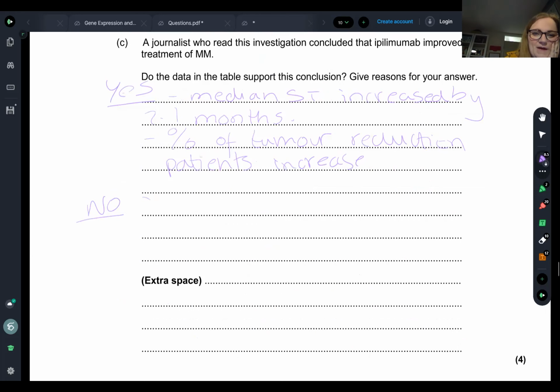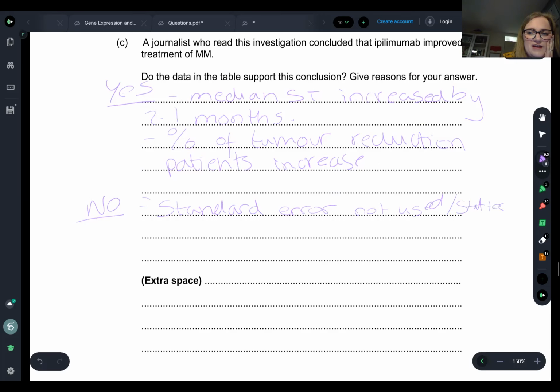So you could base it on the fact that the data isn't reliable enough because standard error hasn't been used, or a stat test. I'm just going to put stat test here, something like a t-test. So we cannot tell if the differences are statistically significant.